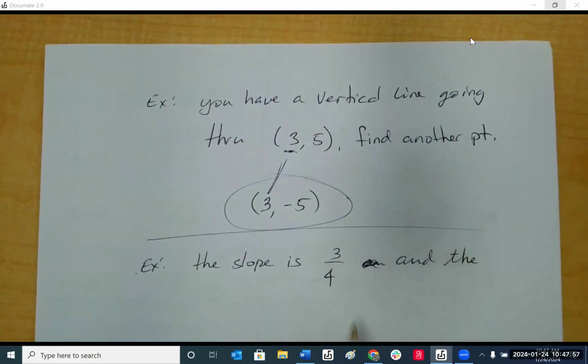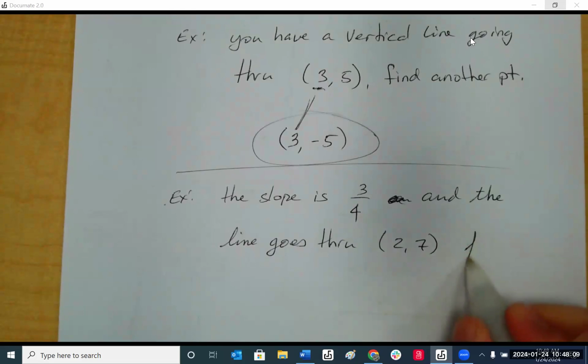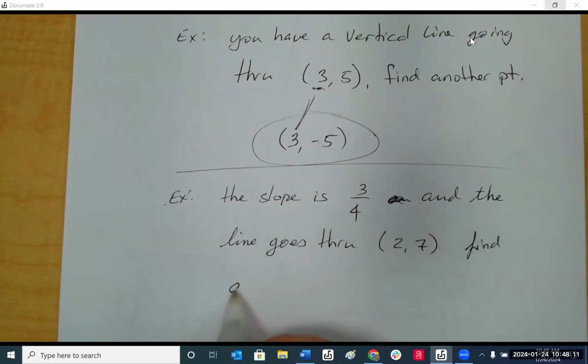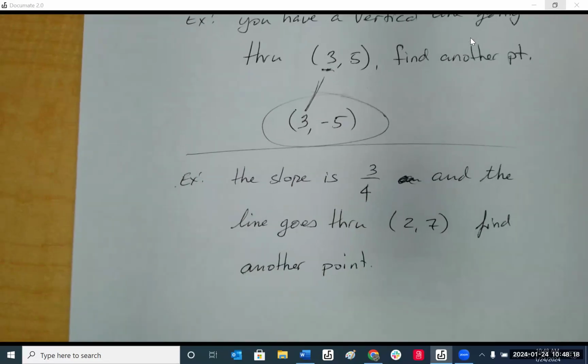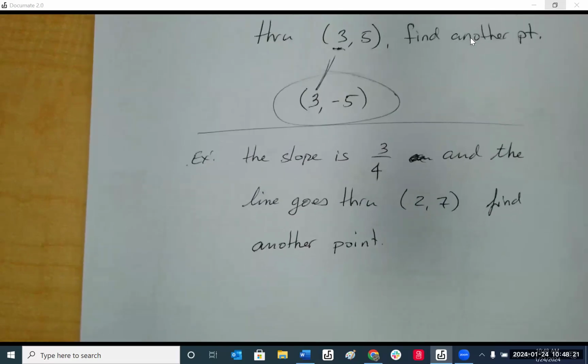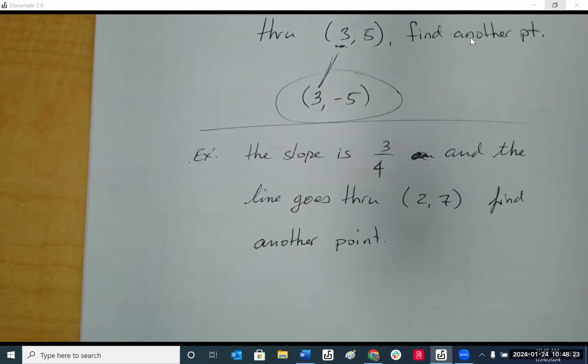The slope is 3/4, and the line goes through 2, 7. Find another point on that graph. Got it?